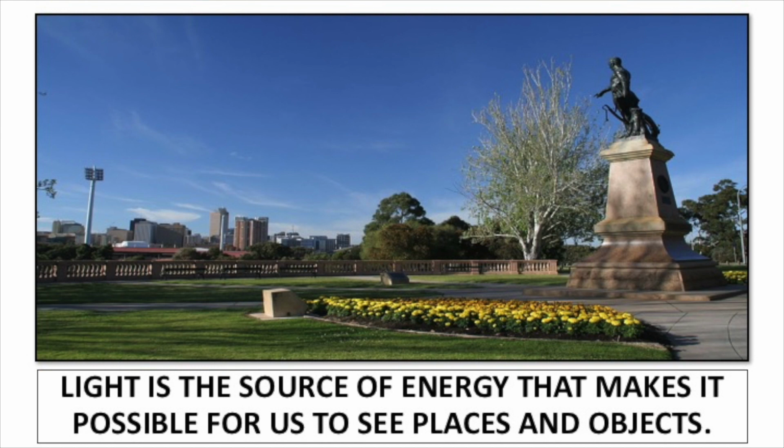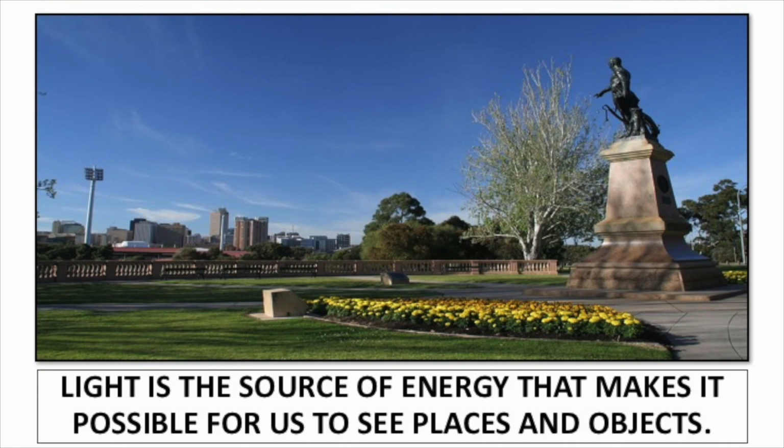Light is the source of energy that makes it possible for us to see places and objects. Yes, we need our eyes to see, but even though we have eyes, if we don't have light, we can't see anything.